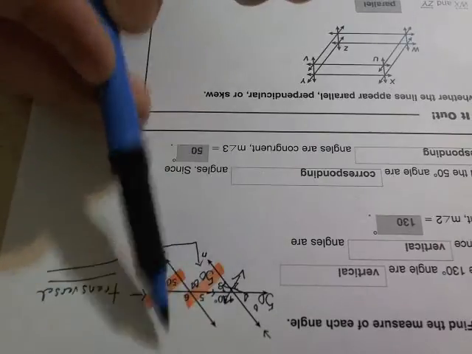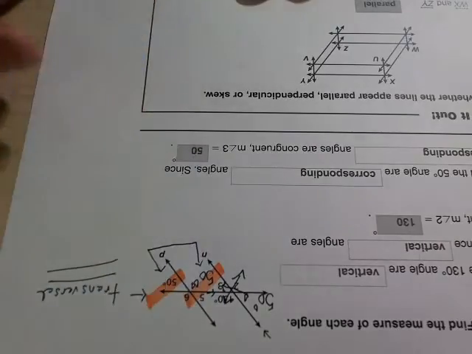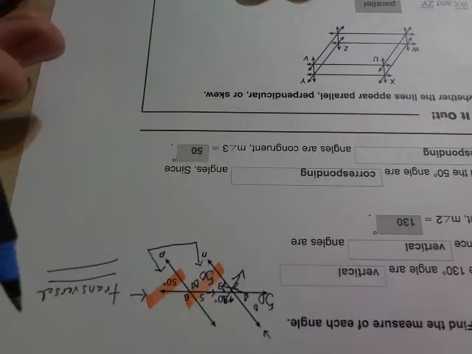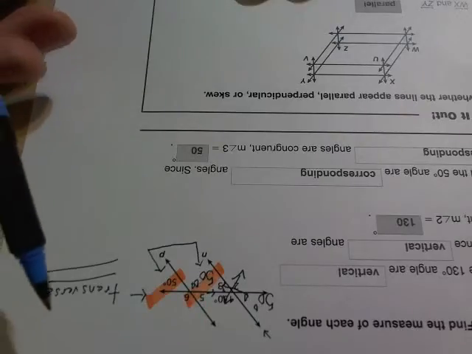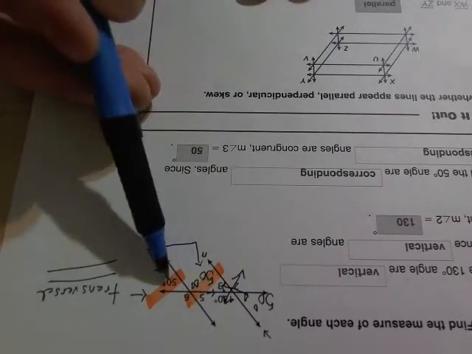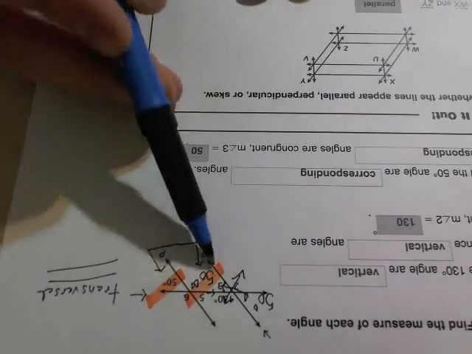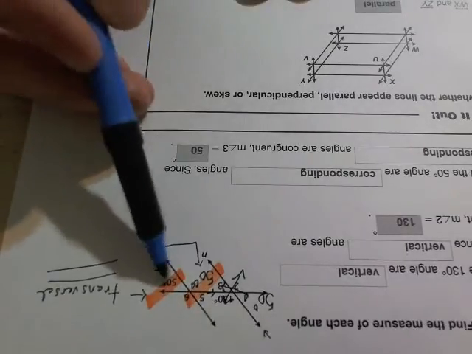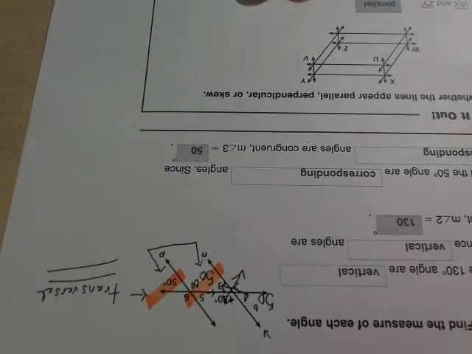We've got a set that's both above the transversal and to the right of the parallel line. Again, lots of different possibilities. But what's most important here are the two that are both beneath the transversal and to the right of the parallel lines, the ones I've highlighted. Those are a set of corresponding angles.